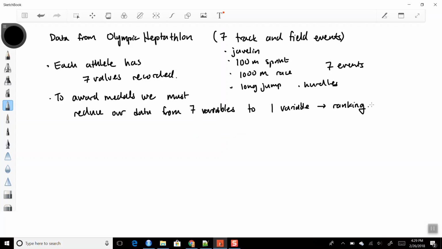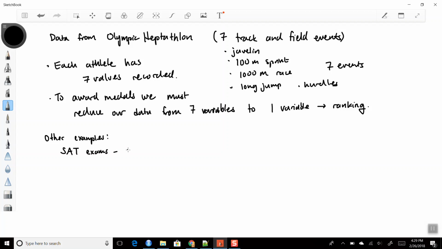There are other examples. A very simple form of dimension reduction is, let's say you have SAT exams. When you took it, were there 3 parts or 2 parts? 3, right?